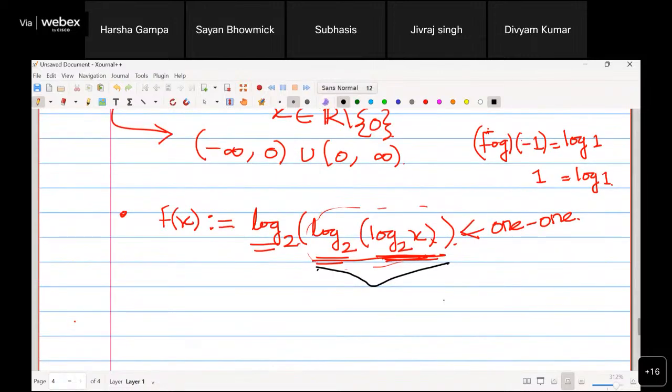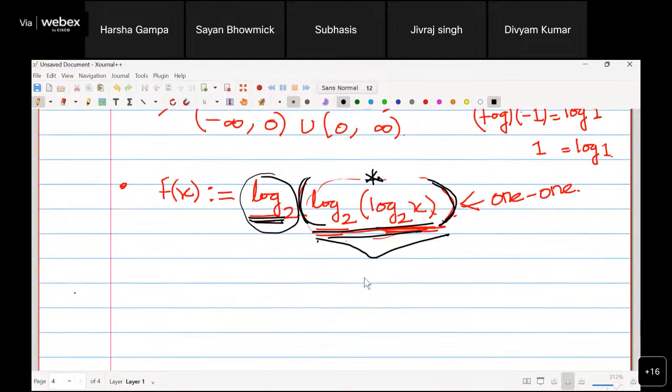The entire part is my log, and the remaining part is my star. So I need to find all the values of x for which my star is greater than 0.